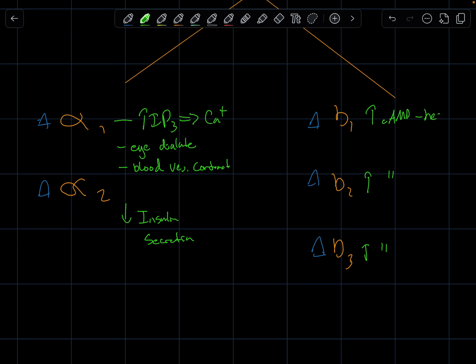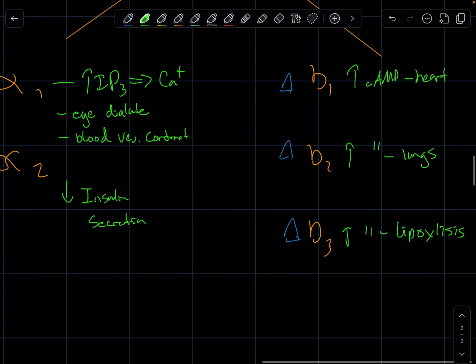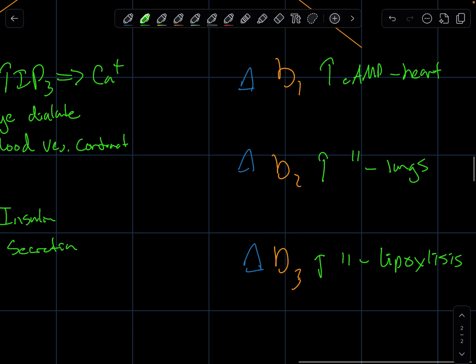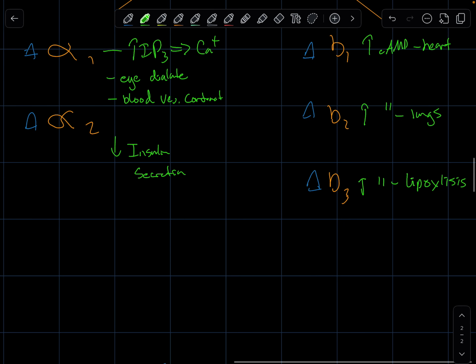B1 is going to affect the heart. B2 will affect the lungs. B3 will do lipolysis. Oh my gosh, it's going to break down fat cells. Okay, what we need to know about here with mainly the lungs, that B2 is greatly affected by epinephrine.